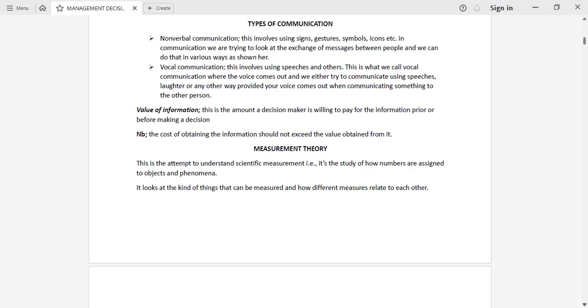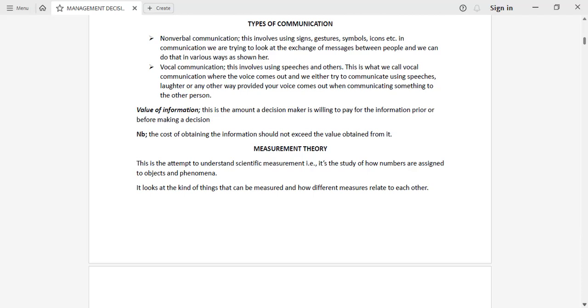But as far as the theoretical aspects are concerned, value of information is the amount a decision maker is willing to pay for the information before making the decision. What this means is that the value of information is what someone is willing to pay in order to obtain that information.